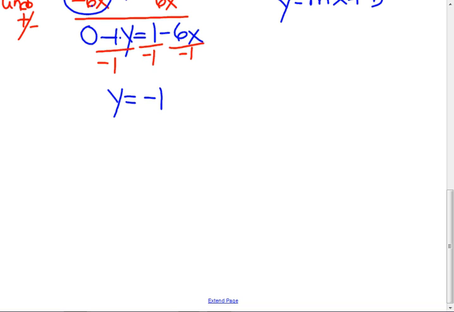-1. What's going to happen here? Plus 6x. Now, it's not in the right order, so it's okay if you can remember which is which. This is the slope. I'll circle the slope. The slope is a number. It's a measurement of steepness.